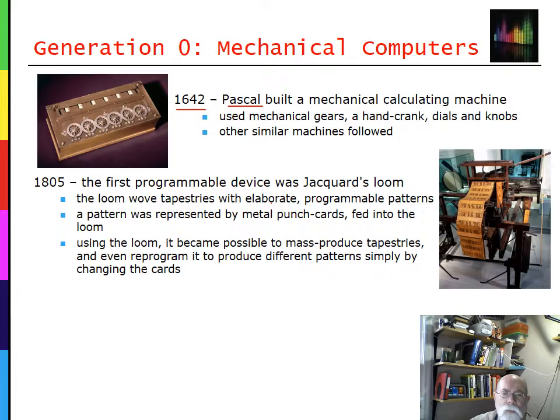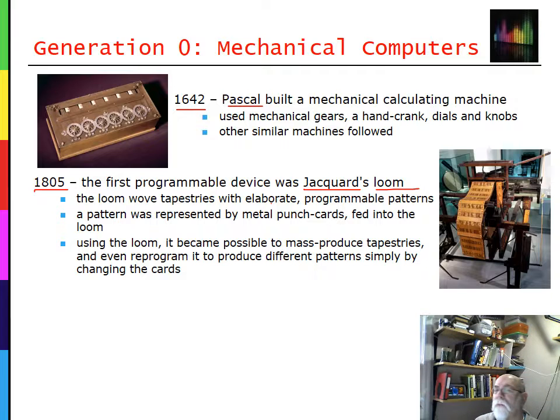Then we jump 150 years into the future to 1805, and we talk about Jacquard's loom, and he developed a repeatable, programmable method for a loom that would read punch cards, and you could change the design of the tapestry that you were making by changing the punch cards.